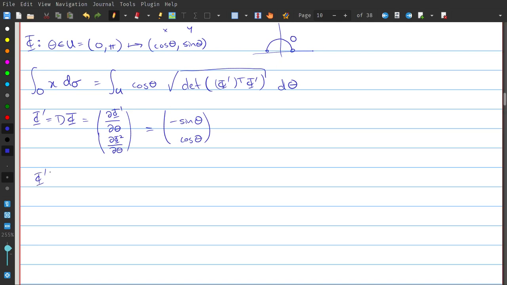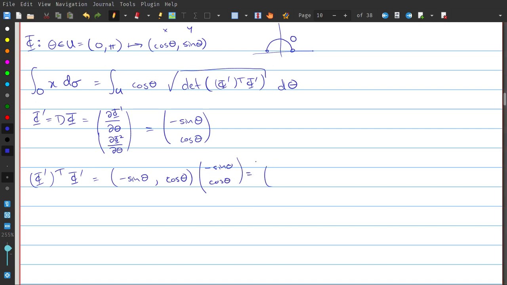Next, we should calculate the transpose times the derivative. The transpose turns it from a column vector into a row vector, and then it is matrix multiplied by the derivative.